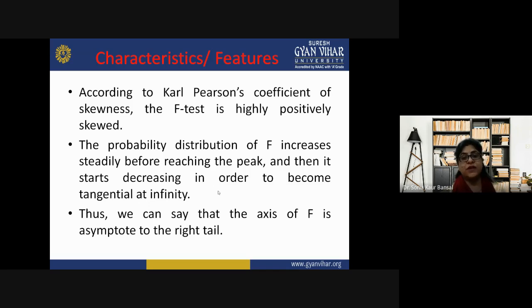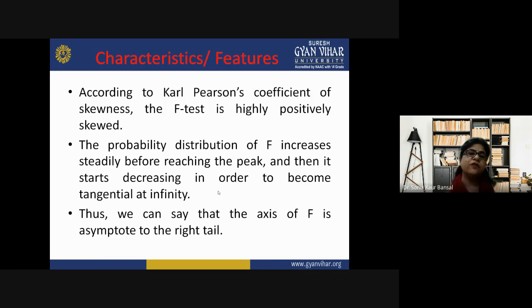In NPC, when we show the data on the normal probability curve, the probability distribution of F increases steadily. It increases very gradually before reaching the peak, and then it starts decreasing. So it is going up and then going down in order to become tangential at infinity.